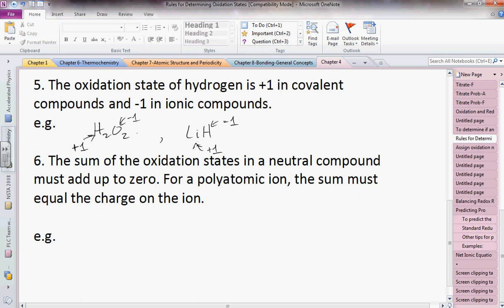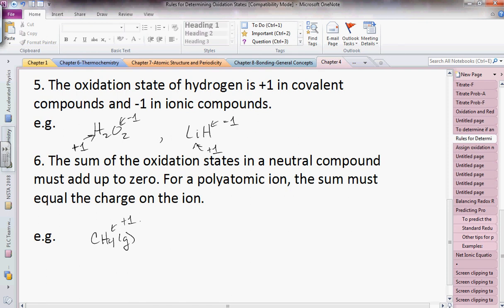So what we say is that in a neutral compound, the oxidation states of all the atoms need to add up to be 0. And for a polyatomic ion, the sum must equal the charge on the ion. So if we have something like CH4 gas, methane gas, we know from the above rule, Rule 5, that hydrogen has a +1 oxidation state because it's in a covalent compound.